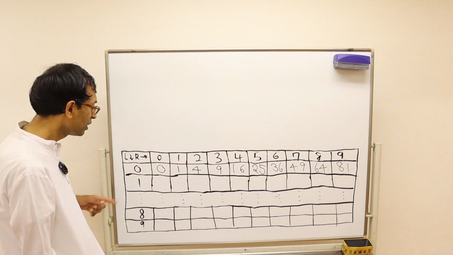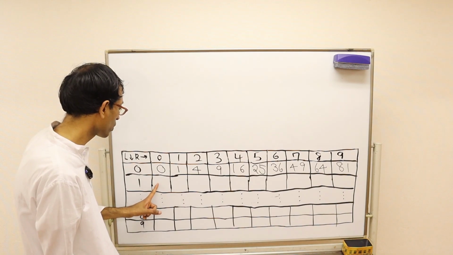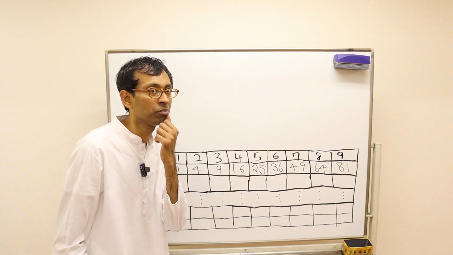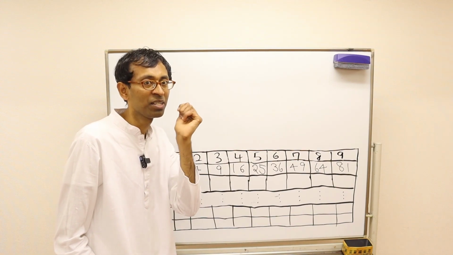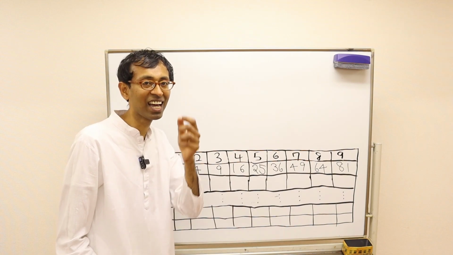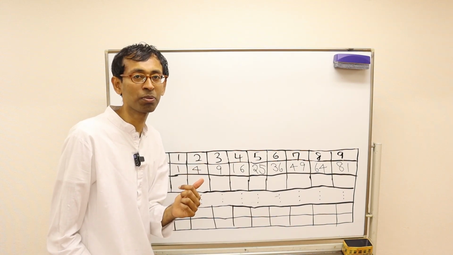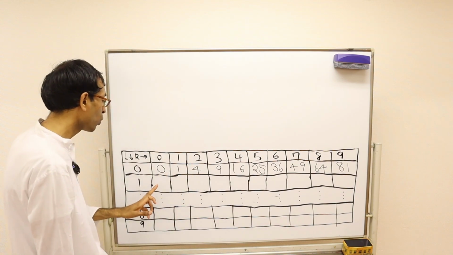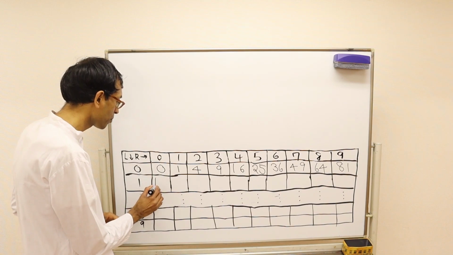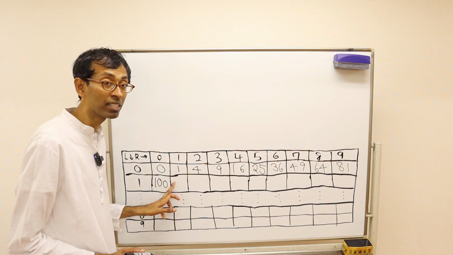And now this row is also easy. Here, this is square of 10, square of 11, up to square of 19. In the last class, you mastered multiplication tables up to 19 times 19. Here is when you need that expertise. So 10 times 10, square of 10 is 100. And here 11 square.